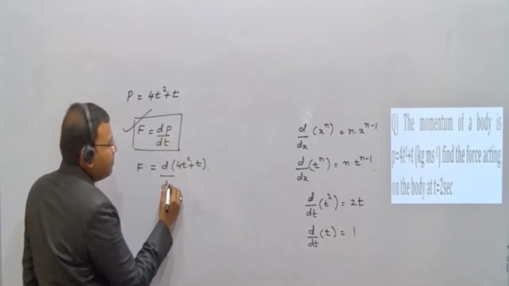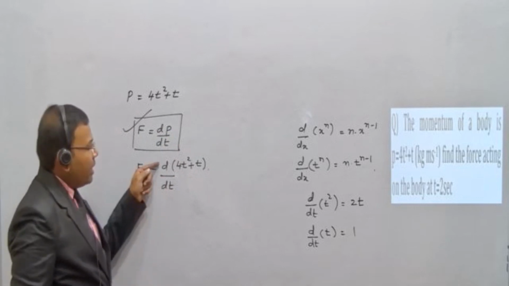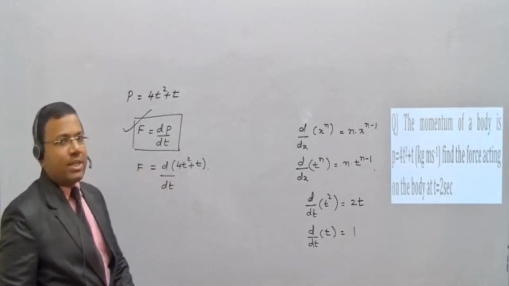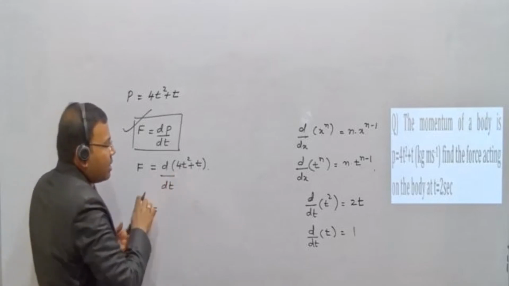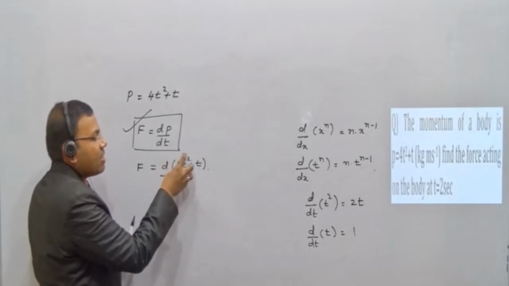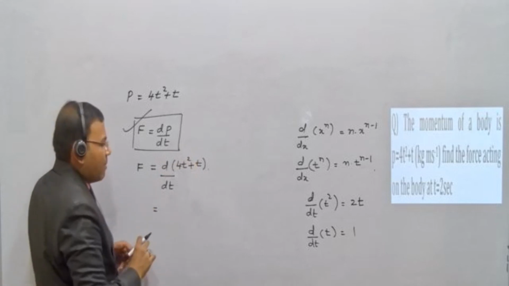So dp, d as it is, p I have written, by dt. So this is d by dt of 4t² plus t. Now beta, d by dt is attached with 4t² as well as t. Let's solve.